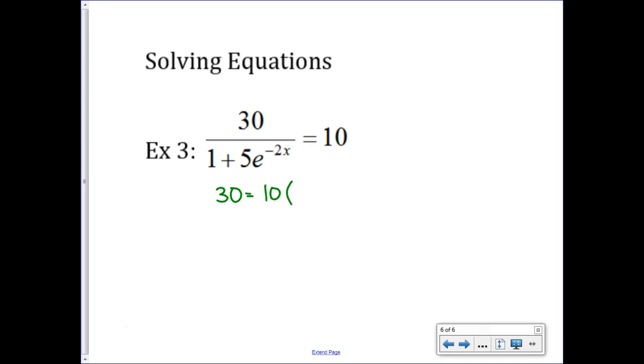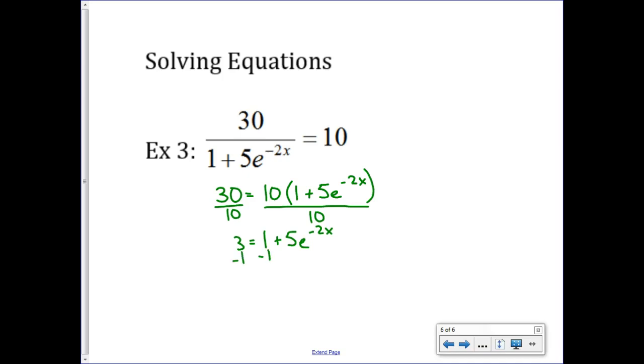We want to know when y is equal to 10. From there, it looks very tempting to multiply and distribute that 10 out, but I really would just divide by 10 on both sides. So then 30 divided by 10, we're just dealing with 3 equals 1 plus 5e to the negative 2x. You can multiply the 10 out, you're just going to deal with bigger numbers then.